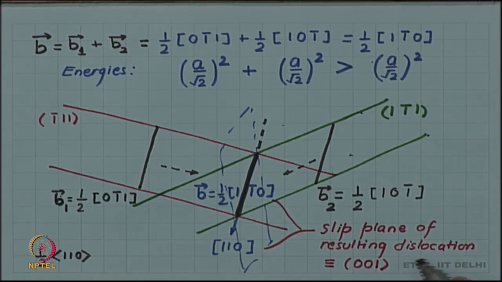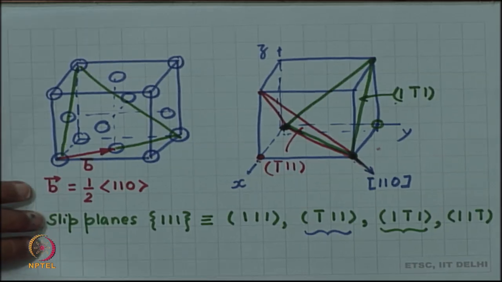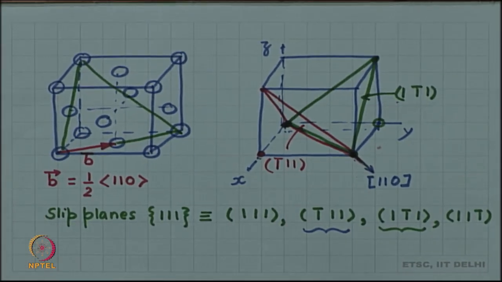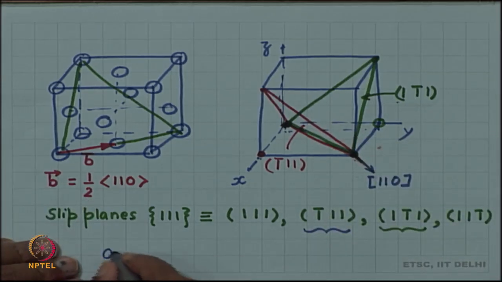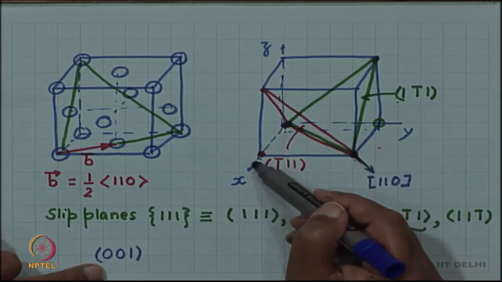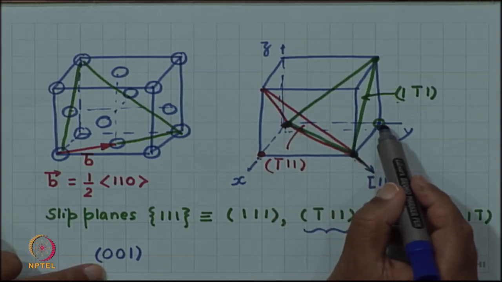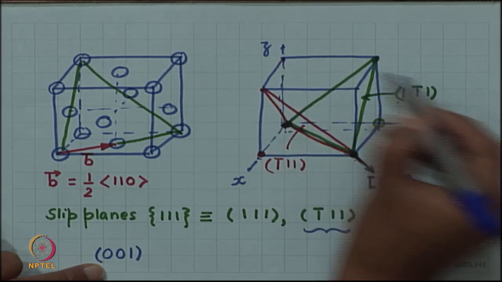But that is disturbing. 001 is not the slip plane family for FCC. So, let us find out the 001 here. It will be parallel to the x axis, parallel to the y axis, and will intersect the z axis at 1.